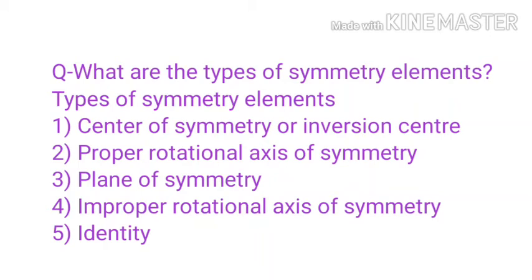The improper rotation axis of symmetry is also called rotation-reflection symmetry. We first rotate the molecule, and then reflect the rotated molecule through a mirror. If the resulting structure is the same as the original one, then it contains an improper rotation axis of symmetry. Identity: in identity, we rotate the molecule through 360 degrees or do nothing with the molecule. Generally, all molecules contain identity.